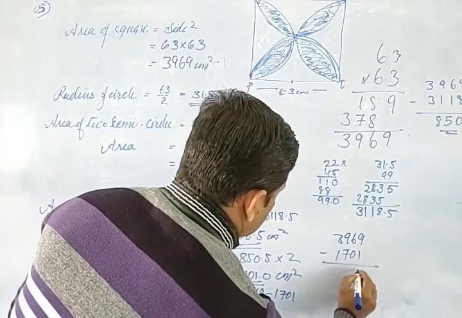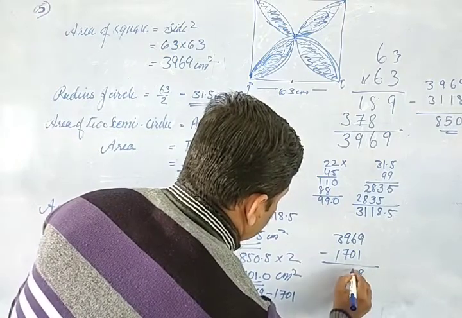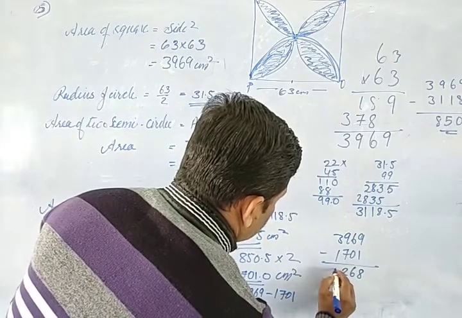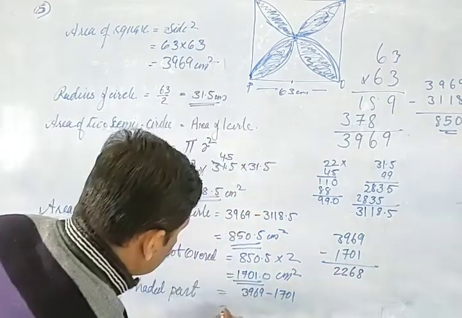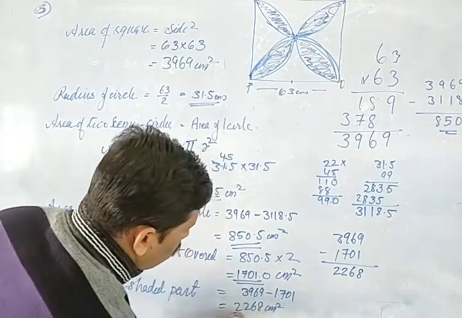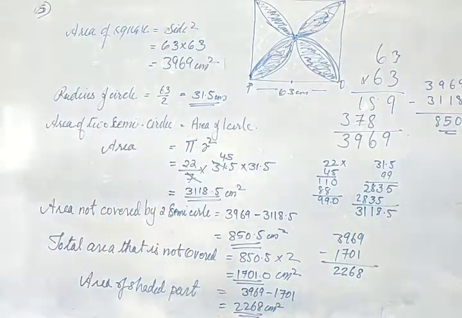We subtract: 8, 6, 2, and 2. Means 2268 centimeter square. That is the area of the shaded portion.